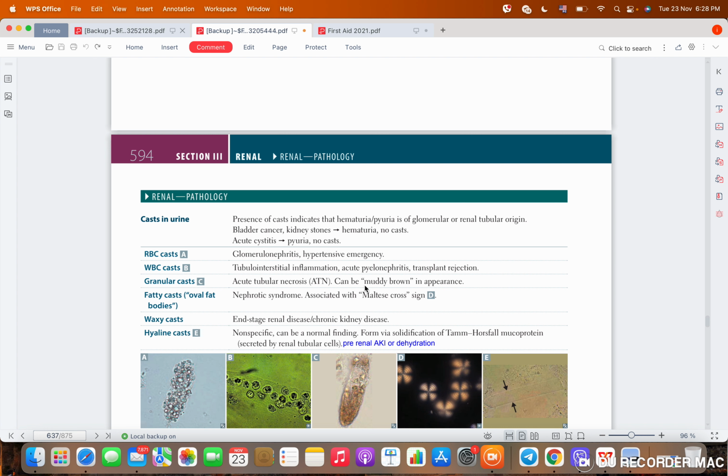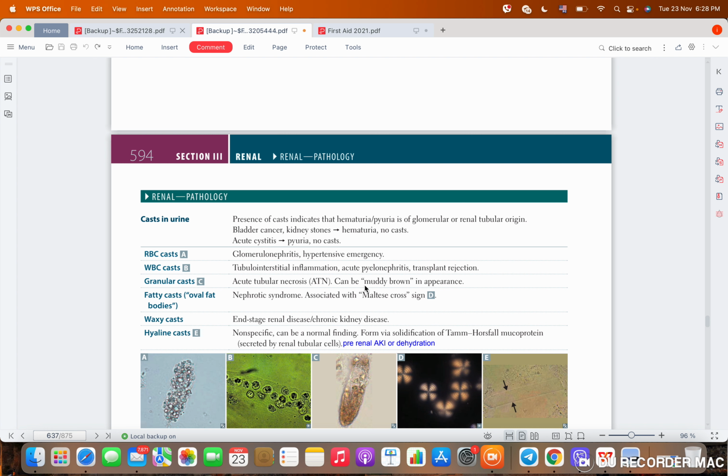So the next thing is acute pyelonephritis. The acute pyelonephritis goes something like this. If we speak about pyelonephritis, it is an inflammation of the what? Of the kidney. So is it the upper or the lower urinary tract? It's the upper. Since it's the upper, there will be white blood cell cast formation.